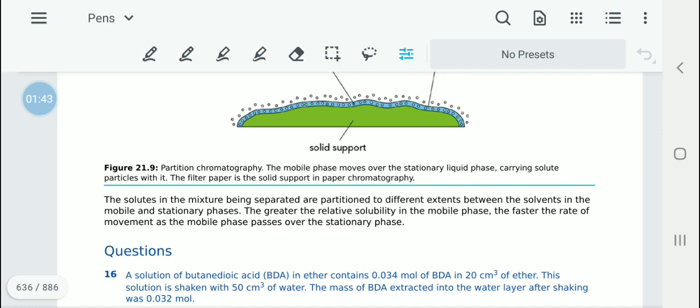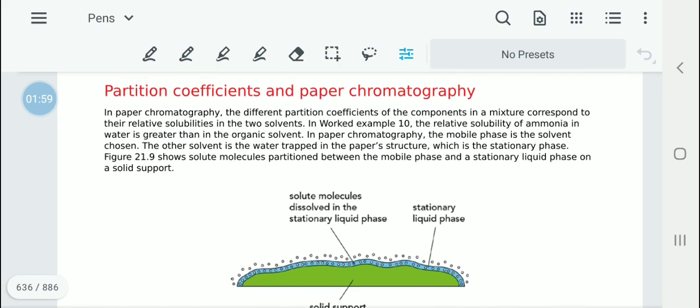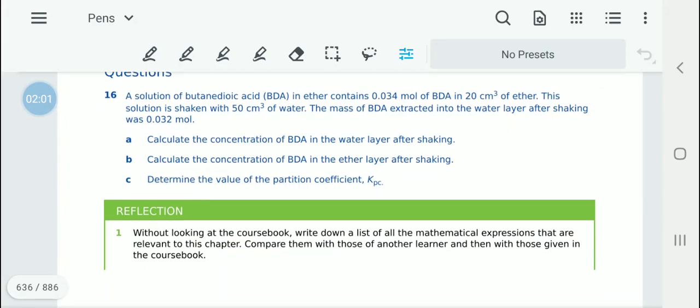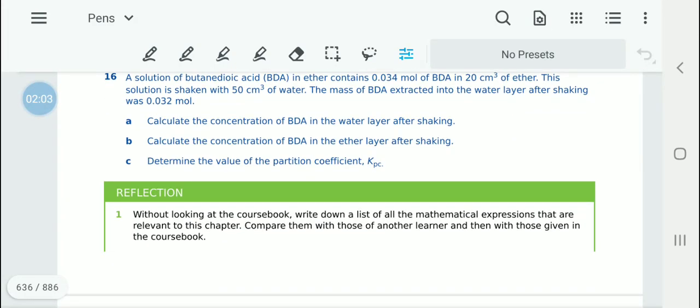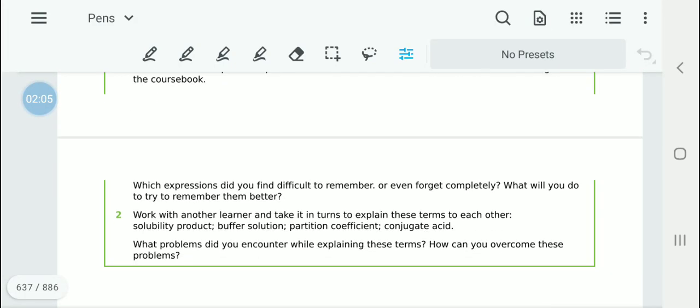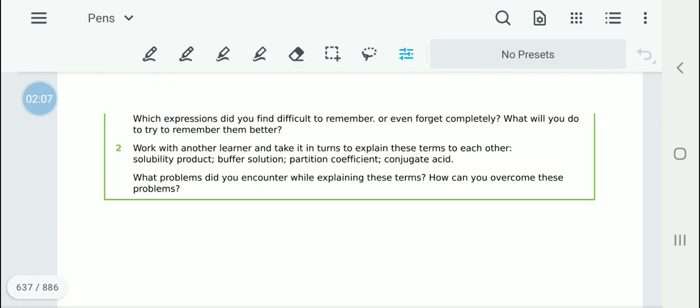So it goes up to a higher extent, or the length that it travels is going to be higher. As a result, the solubility will define how much it is going to travel. If it is more soluble, it travels the furthest. So please do question number 16. If you don't understand anything, please let me know.